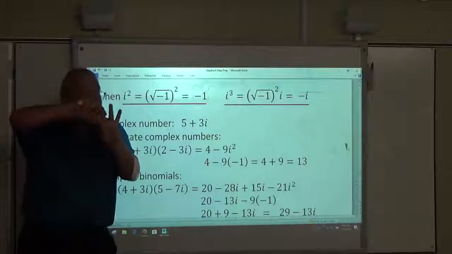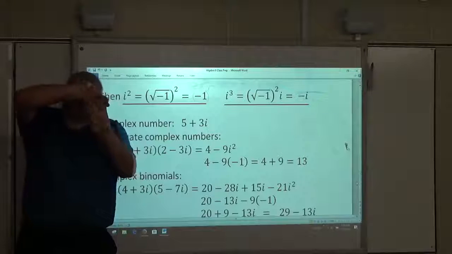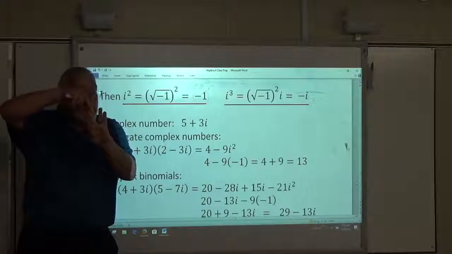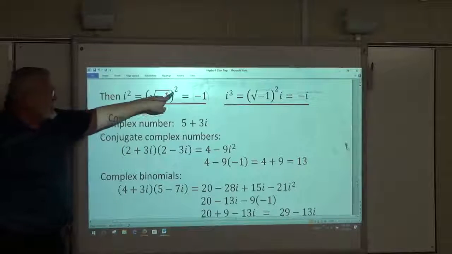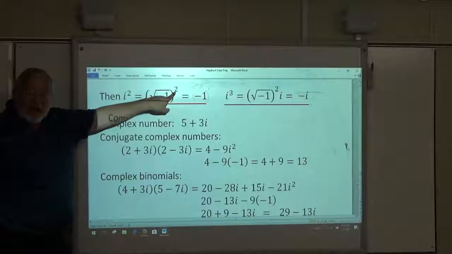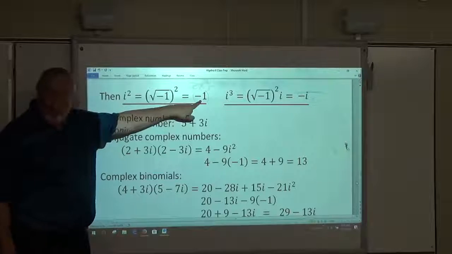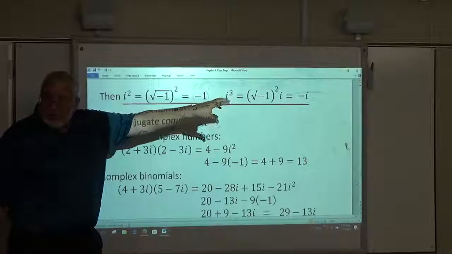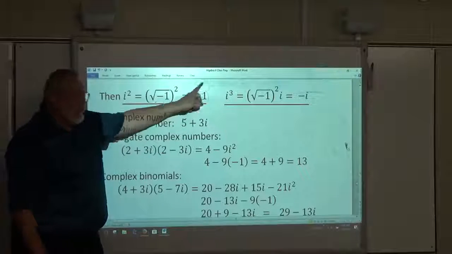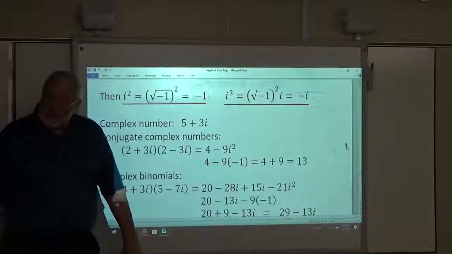That means I have a to the second and a to the second. And whenever you multiply powers, you add the exponents. So if this is i to the second power, it's -1. The other 2 is -1. So i to the 4th will be -1 times -1, which is +1.